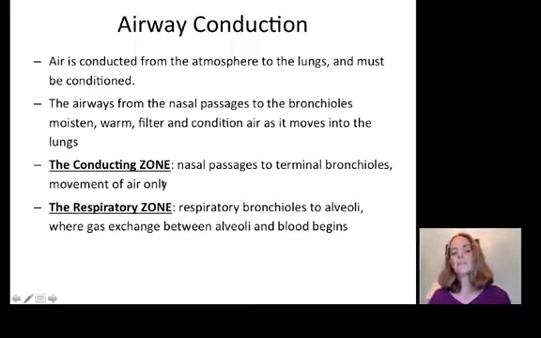So as the air is moving down and there's no diffusion happening, we call this region of the respiratory system the conducting zone. So the conducting zone stretches from the nasal passages all the way to the terminal bronchioles. From there, once we start seeing alveoli appear in the bronchioles, then we can do gas exchange.